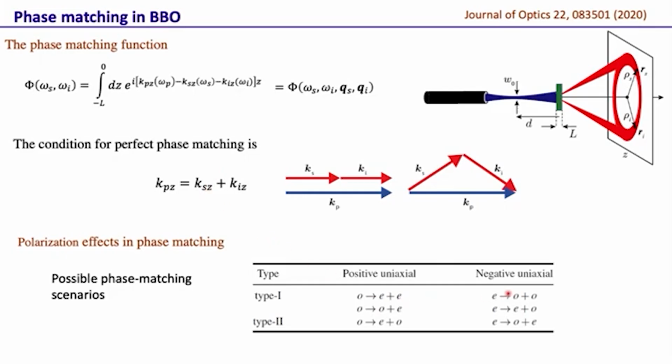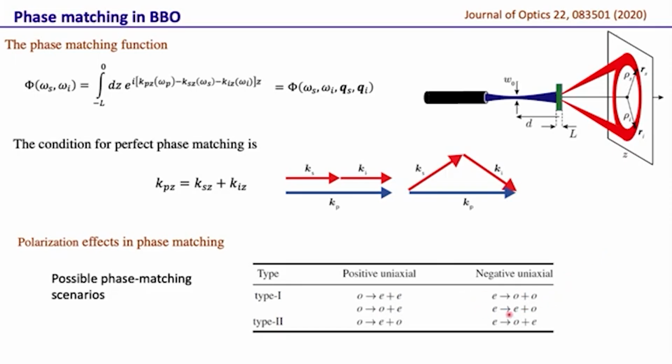For example, if the pump photon is extraordinarily polarized and the signal and idler are both ordinarily polarized, then it's called type 1 phase matching. So if we insist that the pump is extraordinarily polarized and both the signal and idler are ordinarily polarized, then we can satisfy the phase matching.